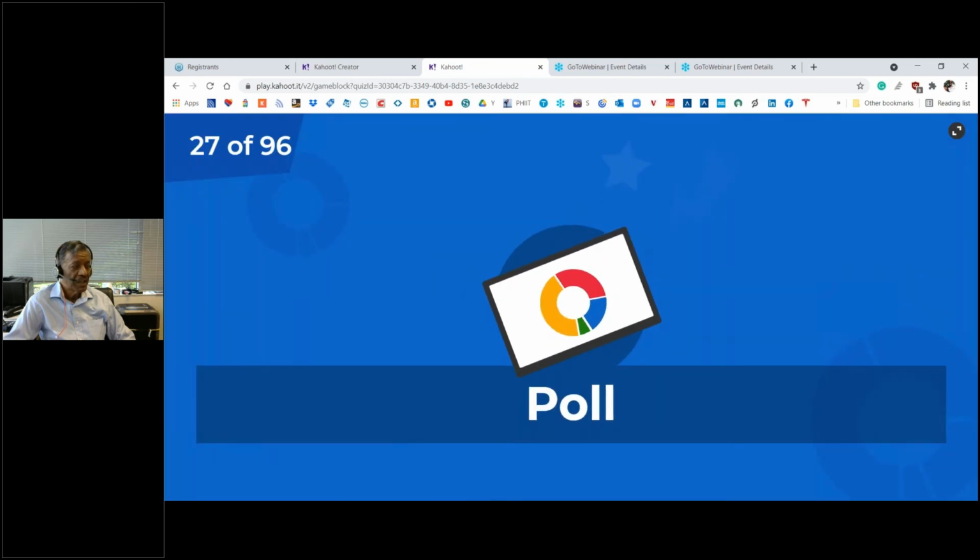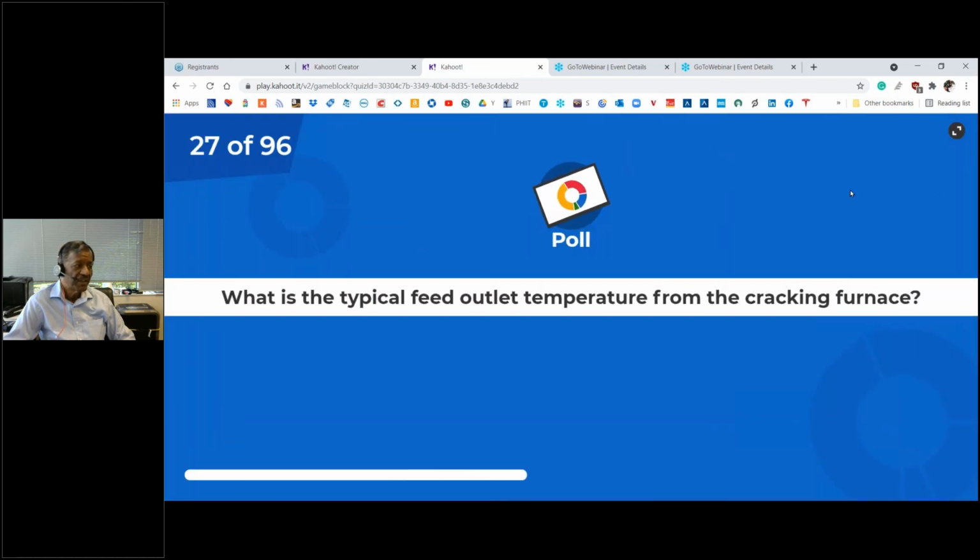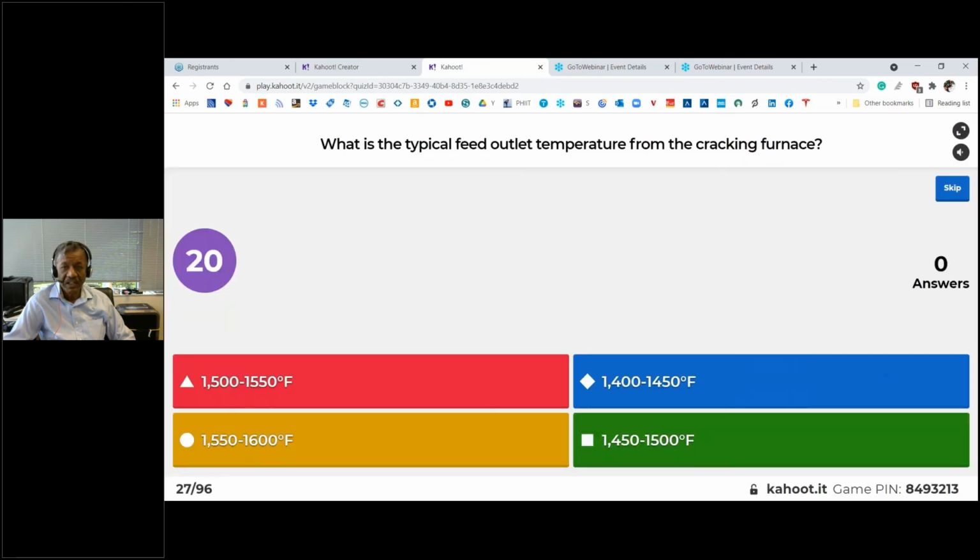Let's talk about the outlet temperature. What is the feed outlet temperature from the cracking furnaces? Pyrolysis reactions take place at high temperatures. So feed outlet temperature could be very high depending on the feedstock.